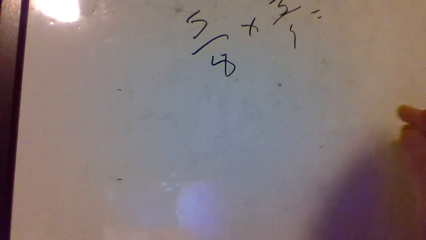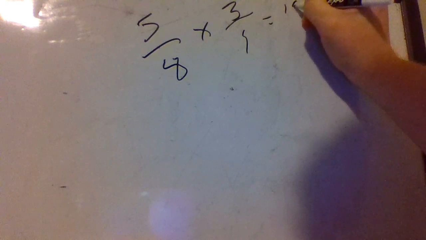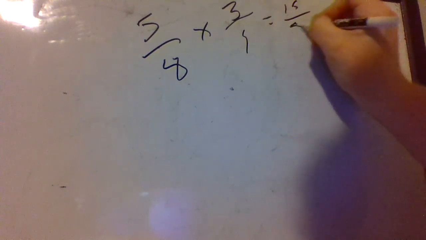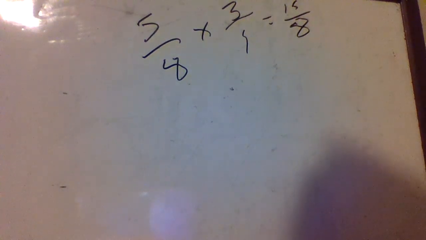And that 1 looks very crazy. But all of my students are used to my handwriting. So 5 times 3 is 15. And 8 times 1 is 8. And once again, we've got an improper fraction there. And we'll address that in a later video.